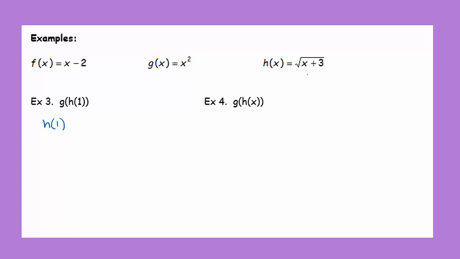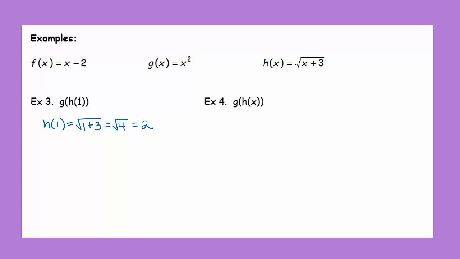If we come over to the h of x function, I'm supposed to plug in 1 for x. So that would be the square root of 1 plus 3. That's the square root of 4, and the square root of 4 is 2. We're just getting positive 2 here. The square root symbol was already there. It's only the positive version of the answer. So h of 1 leads us to 2.